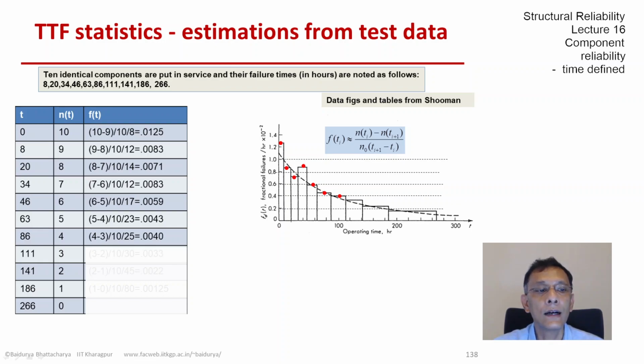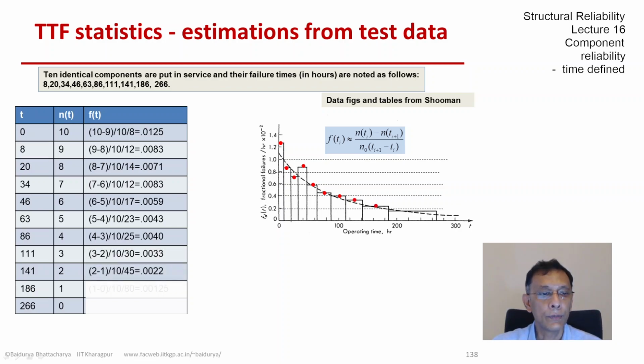But one good verification of whether it's an exponential time to failure or not could be guessed if the hazard function is kind of a straight line. If we see a more or less flat hazard curve for the entire range of observed times, then we would be more convinced that this is probably coming from an exponentially distributed time to failure.